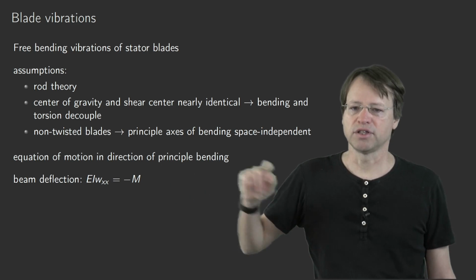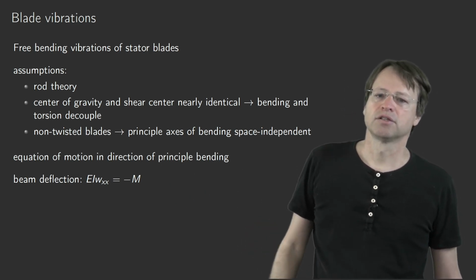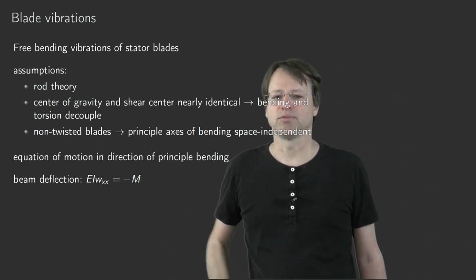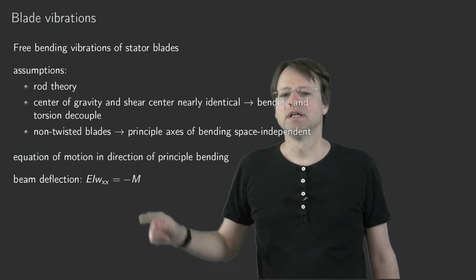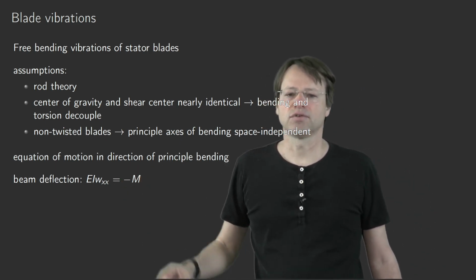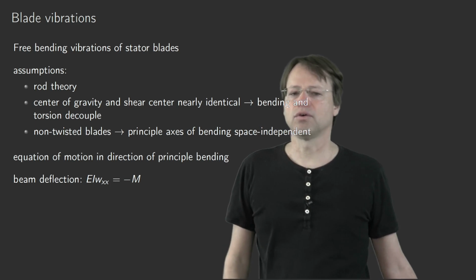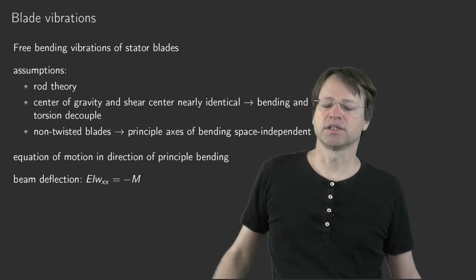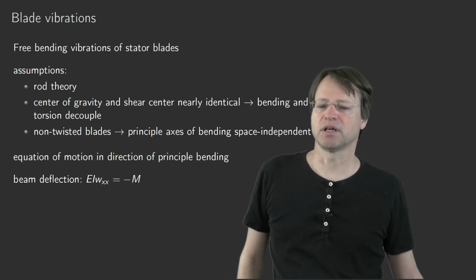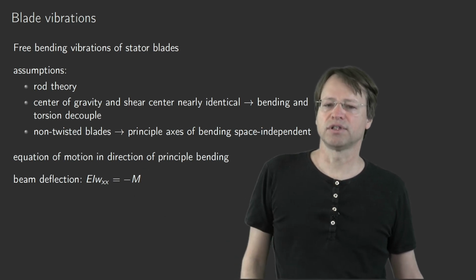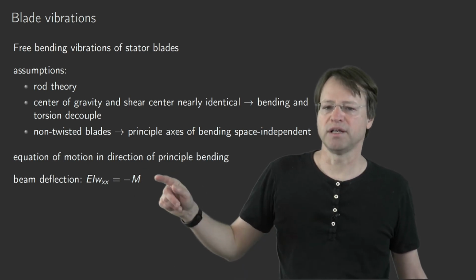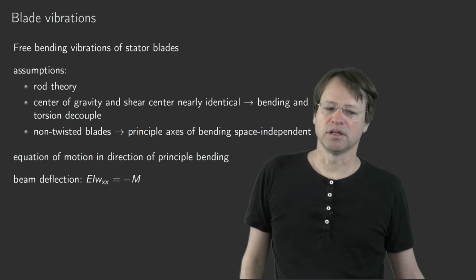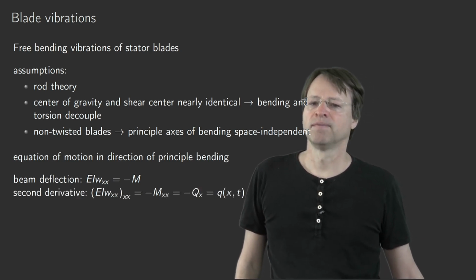We need the equation for the beam deflection. So we have the bending stiffness, Young's modulus times second moment of area, times the second derivative of the displacement W in one of the principal directions. We take the partial derivative with respect to space, and that's minus the bending moment, bending torque.